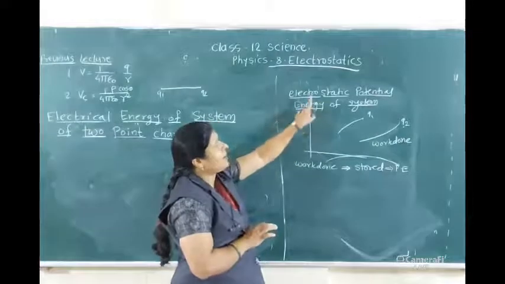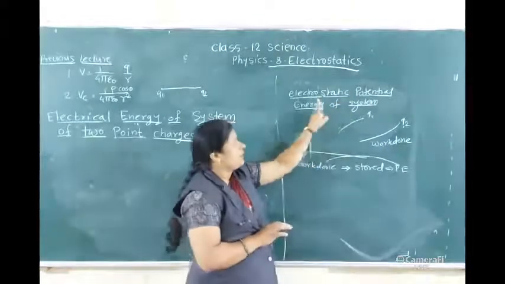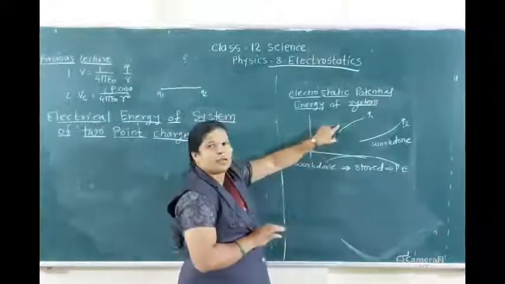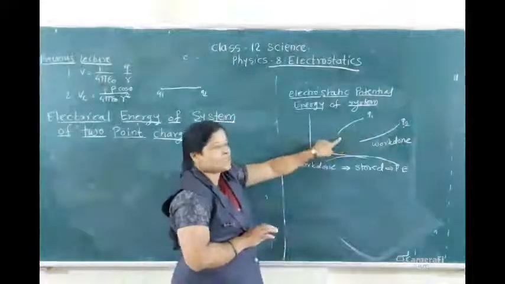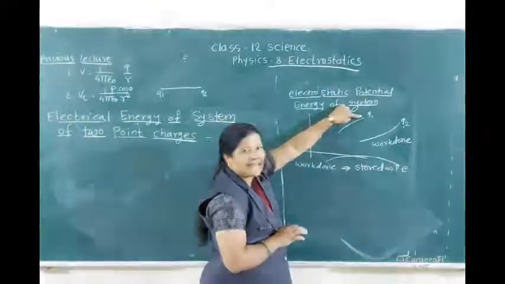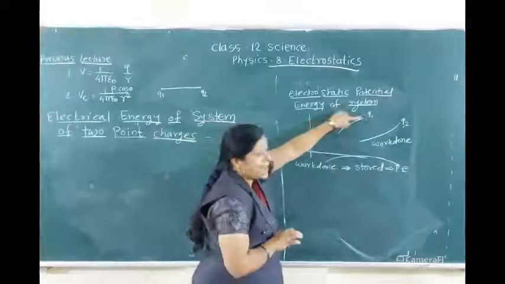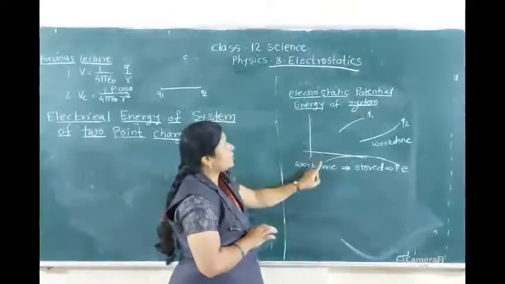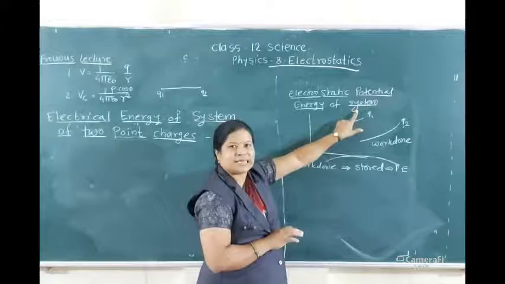What is meant by the electrostatic potential energy of a system is defined as the total amount of work done by the charges brought from infinite distance to that system, and it is called the potential energy of the system.